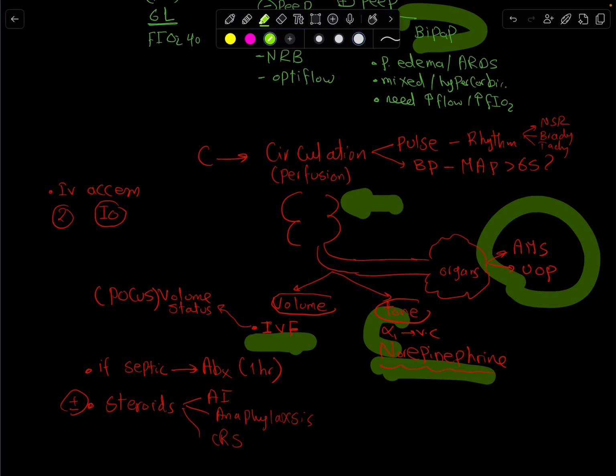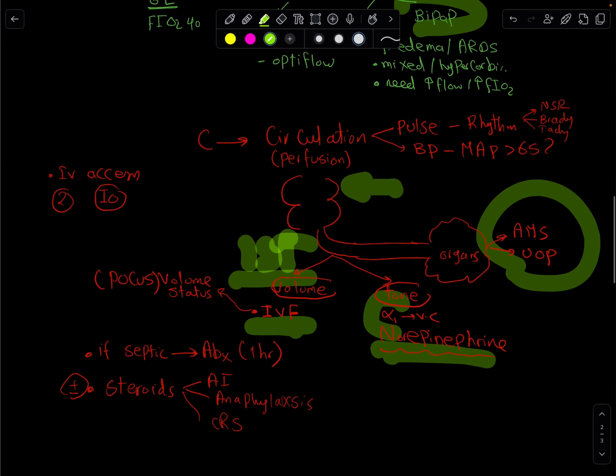So we assess if the patient is perfusing or not. If they're borderline or not perfusing, we need to address two things: volume and tone. Volume always first. We're going to give IV fluid before anything, unless the patient is volume overloaded, maybe in cardiogenic shock, and in that case we'll start a vasopressor right away, right?